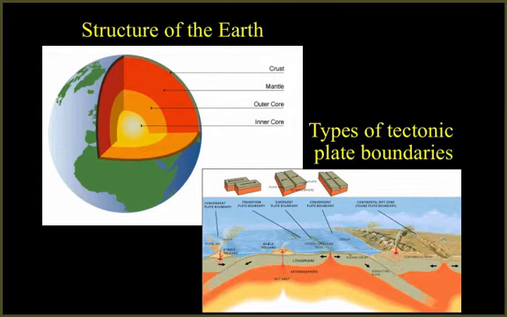And then, as I explained, where we have plates diverging, where two plates are moving apart, we see spreading and magmatism occurring at those spreading centers.